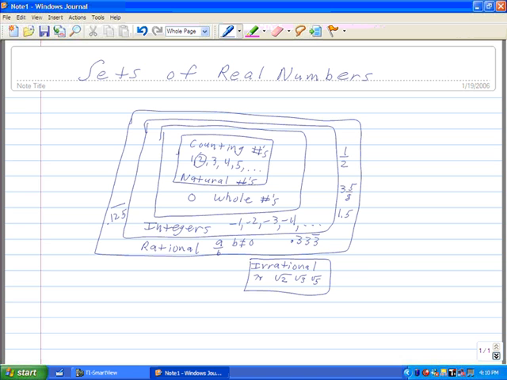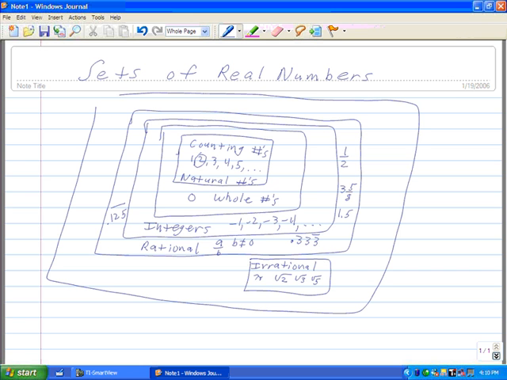So we now see that we have two large sets here, rational and irrational, that are disjoint from one another. To come up with our final set of numbers, we will bring these two together, and this final set of numbers is just a combination of the rational and the irrational, and it's the real number system, which is what we're going to be working with in our algebra class.